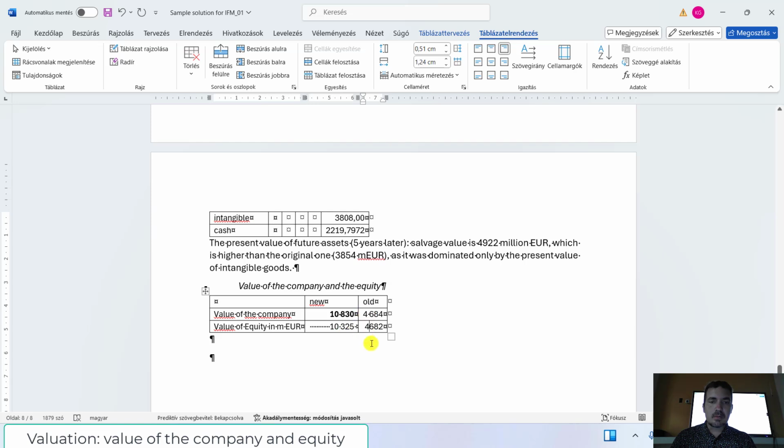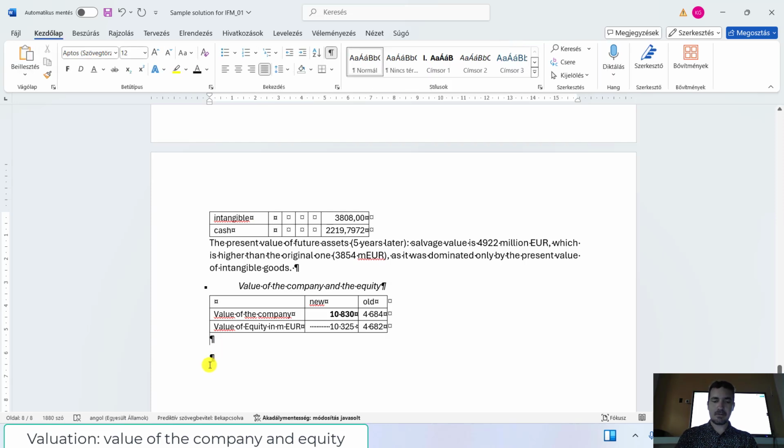Then we can see that even if we used debt funding in the new strategy, the value of equity still increased. Doubled.